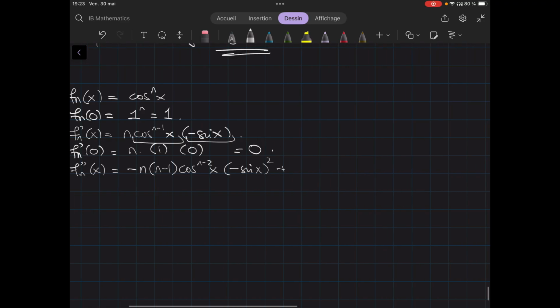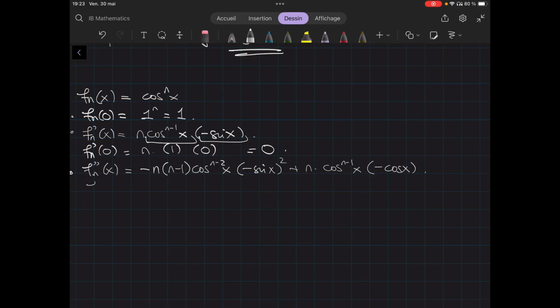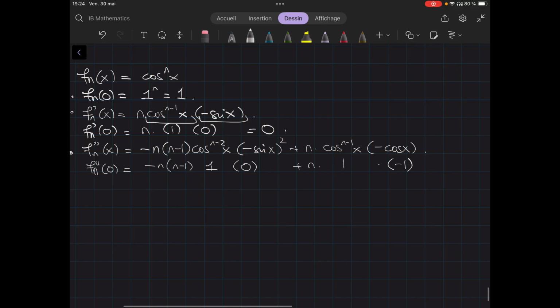The second term, n times cos to the n minus 1 times the derivative of negative sine, so negative cos. This second derivative at 0 is going to be negative n times n minus 1 times 1 times 0 plus n times 1 times negative 1. So that would be negative n.